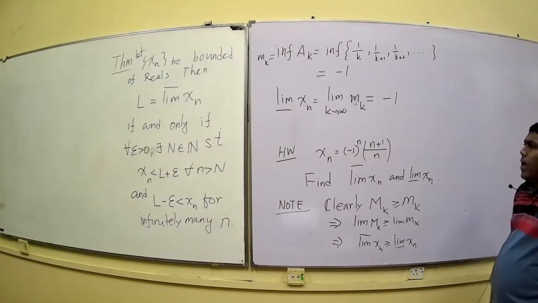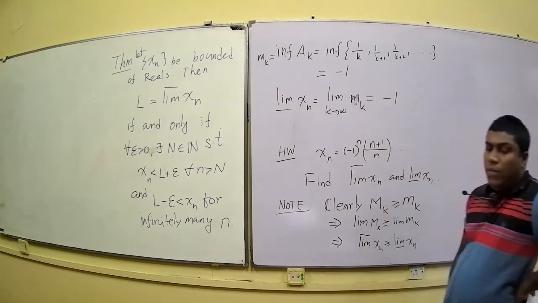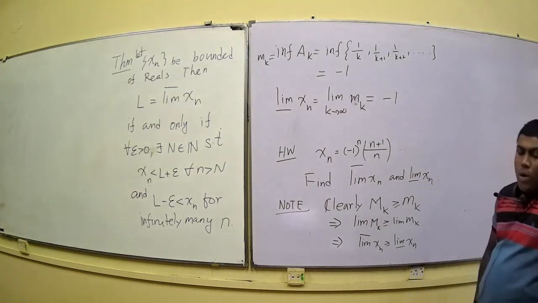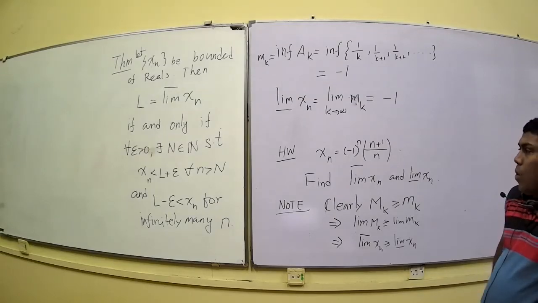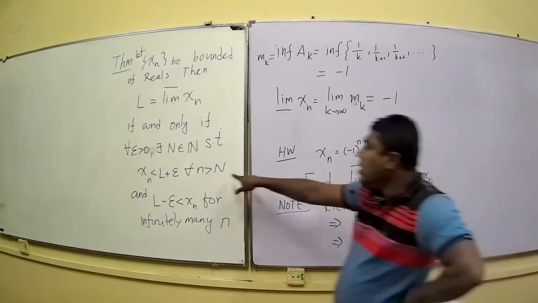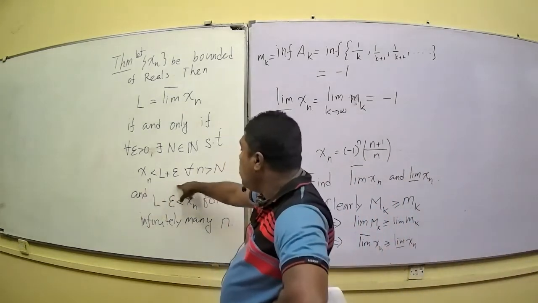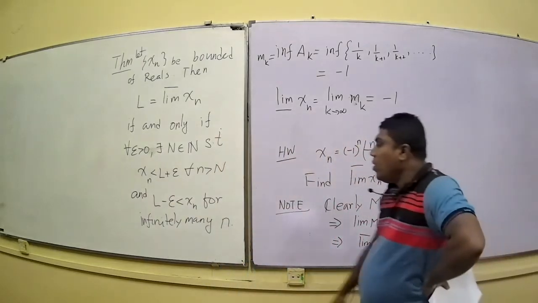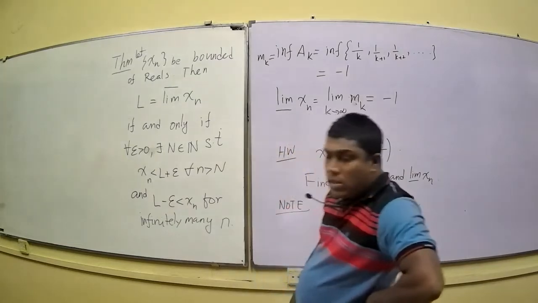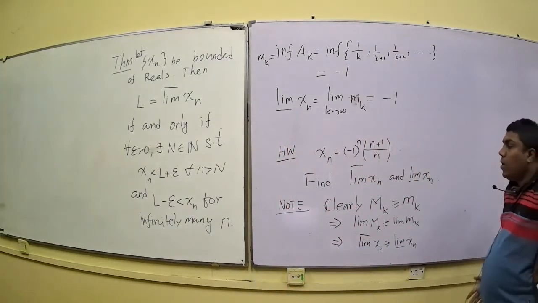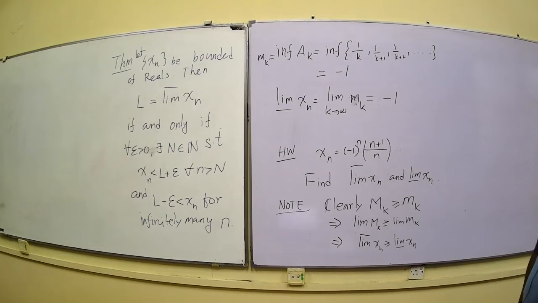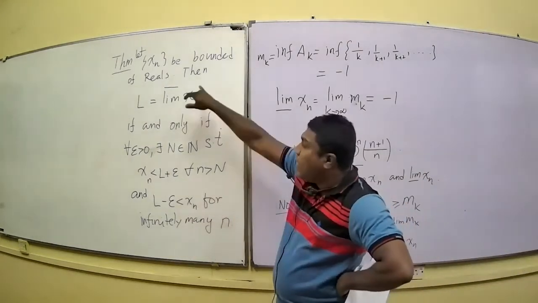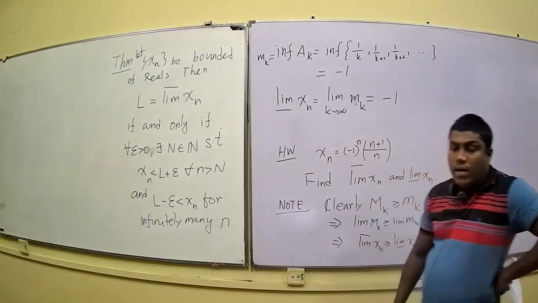A real value L is the lim sup of the sequence if and only if, when you go epsilon above L, all the terms in the sequence are less than L plus epsilon, but infinitely many terms are above L minus epsilon as well. That is the definition of lim sup. If this is also true for all n, then that L will become the limit of the sequence.